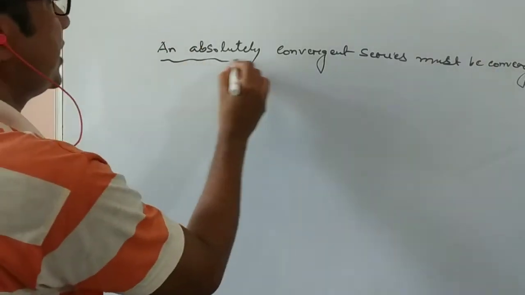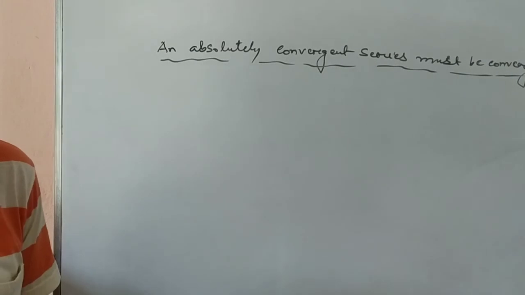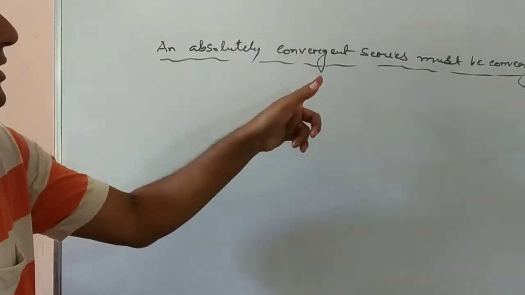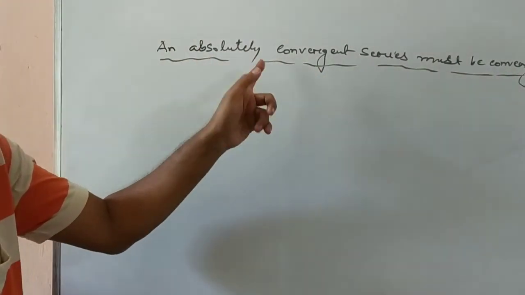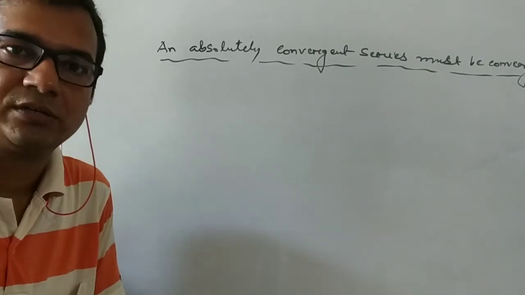This is the important theorem about absolutely convergent series: if a series is absolutely convergent, then the series must be convergent.